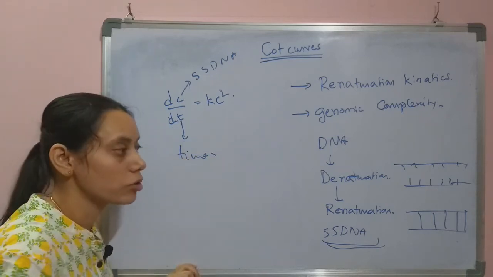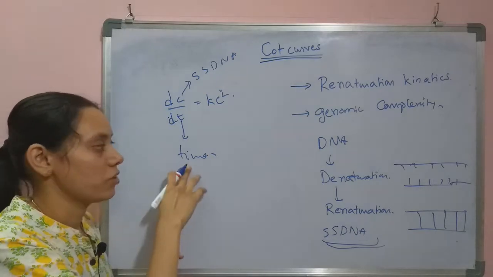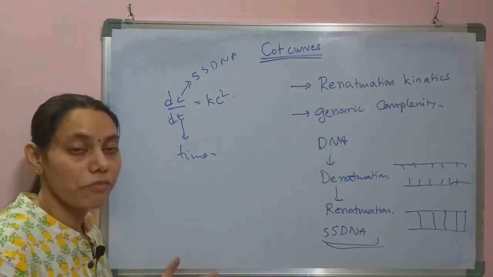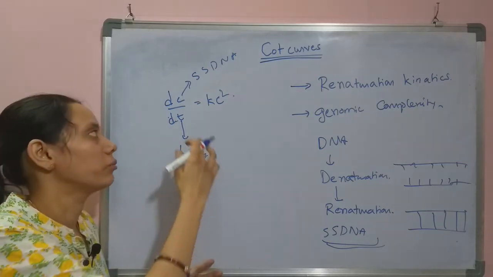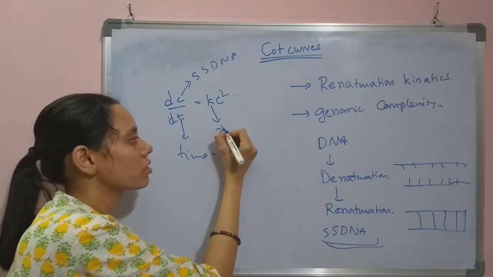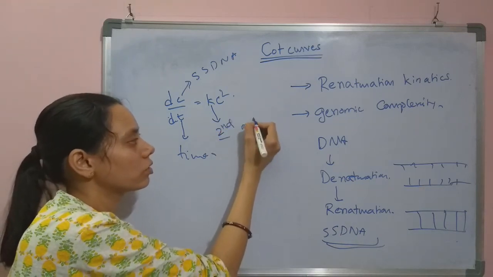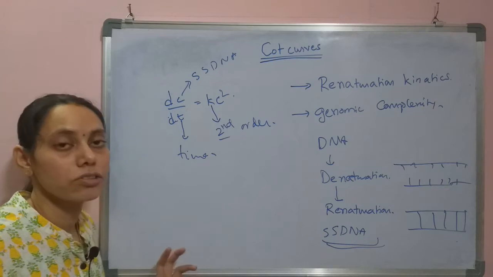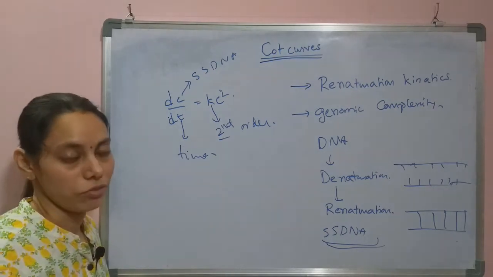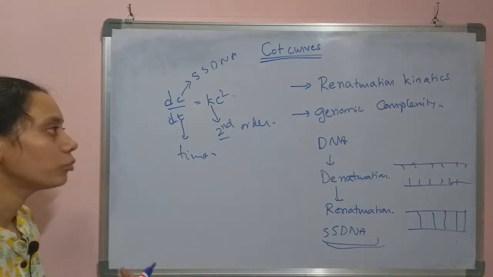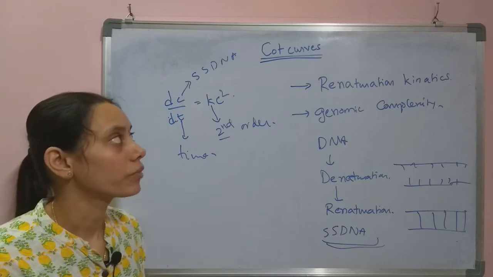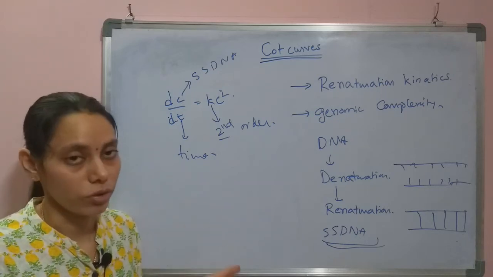Whenever you take an observation, the time will be t, and the content of DNA that is left single stranded will be C. K indicates the second order reaction constant. As renaturation kinetics follow a second order reaction, K is a constant for that. This renaturation kinetics will be expressed in the form of chord curves, as we already discussed.